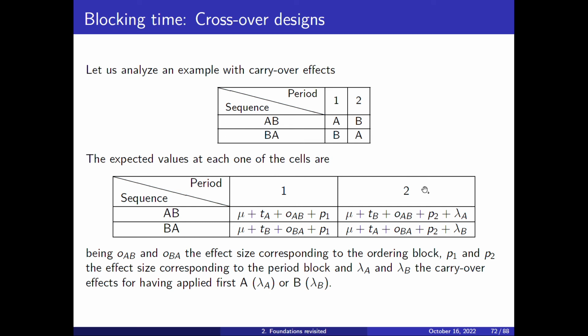And then in the second period, we will have a general mean plus something that depends on B, plus something that depends on the order, plus something that depends on the second period, plus the carryover effect from A to B, because we haven't respected the washout, for instance, or there is a learning effect. And then BA is the same, but this is B, this is BA, and this is A. And now we have the carryover from the first period to the second period, that is now B.